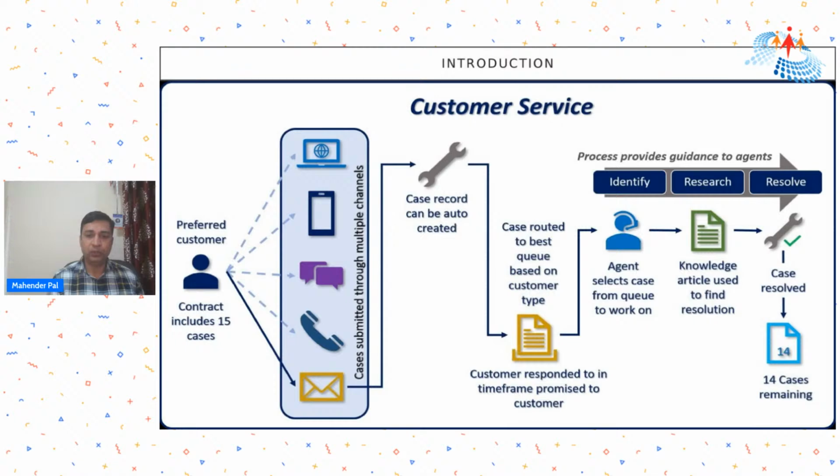If they know what's going on, they can immediately resolve it, or maybe they will do some research where they will look into the knowledge base articles, or check if this case was already registered and what resolution was done earlier, or maybe there are some predefined steps or instructions to resolve that case.